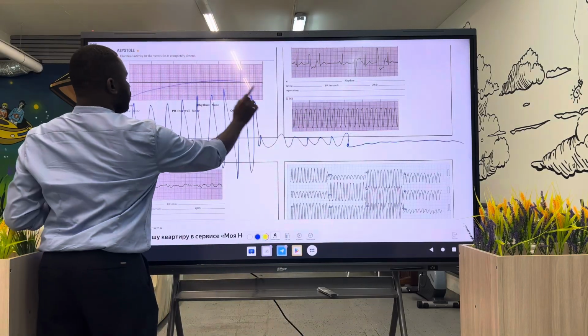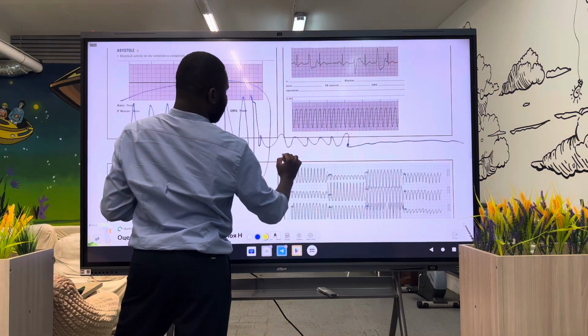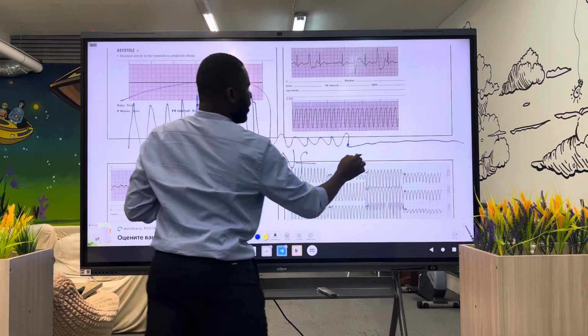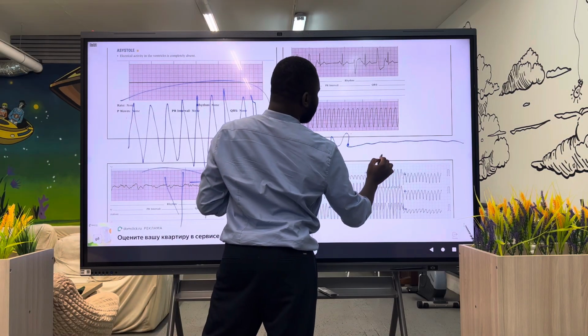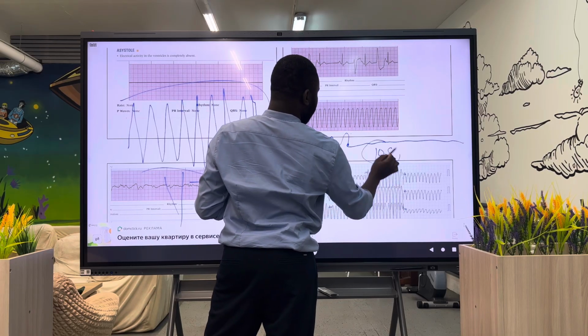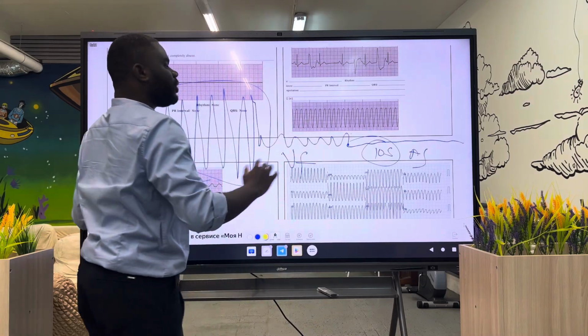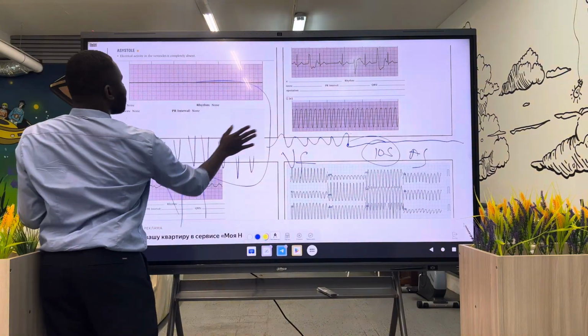So here is what we call VT, the big one. After ventricular tachycardia, we have ventricular fibrillation. Then this is already asystole. Absence of contraction is known as asystole.